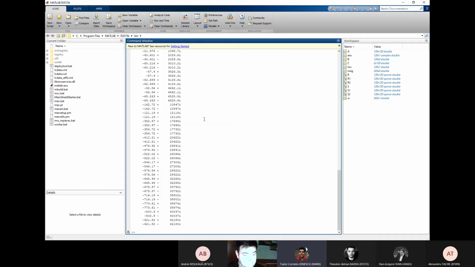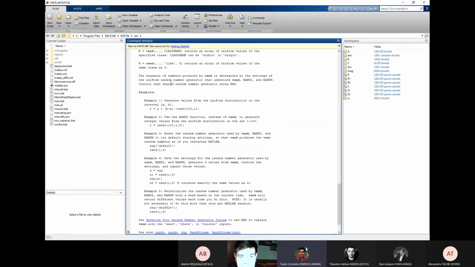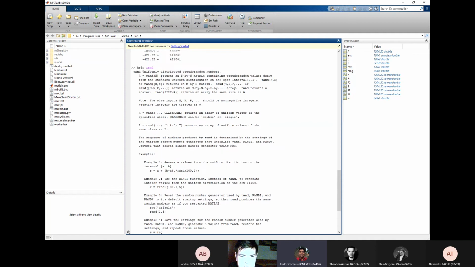You can use the command rand and generate random matrices of random numbers.